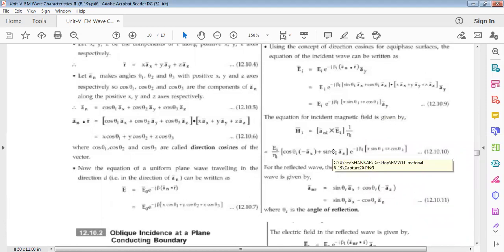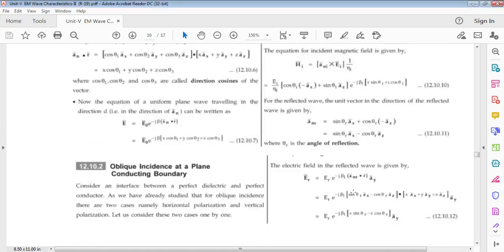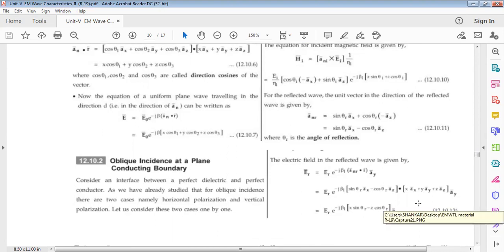Similarly, H_I bar has the same coefficient e power minus j beta 1, and there is a_N I bar cross E_I bar with a_y only. So that function will become E_I by eta 1 (cos theta I a_x bar negative, and sine theta I a_z bar). That you also get from the right angle triangle itself. Okay. And E_R bar is E_R into e power minus j beta 1 (x sine theta R minus z cos theta R) into a_y bar.